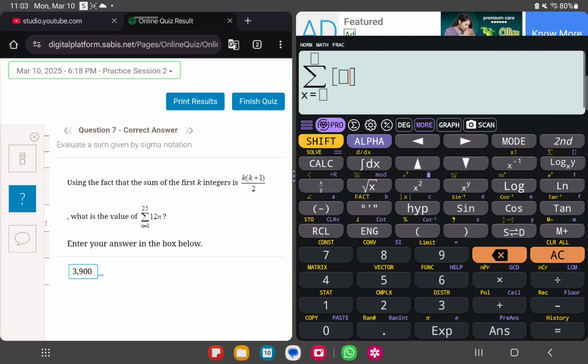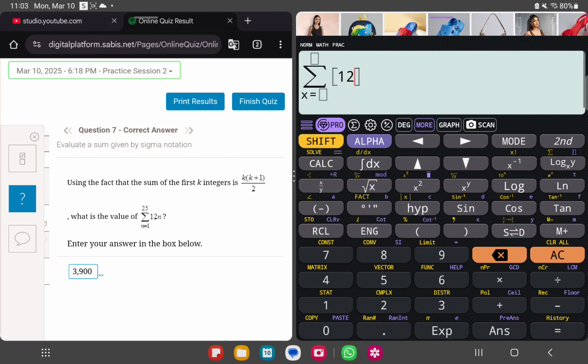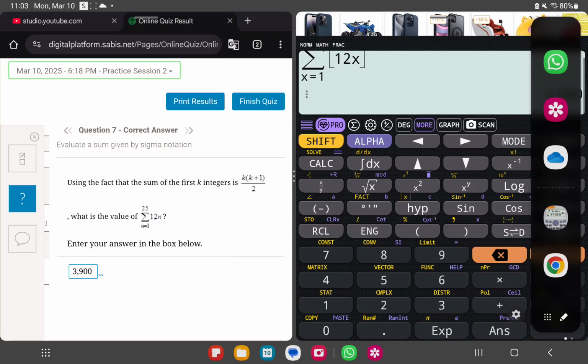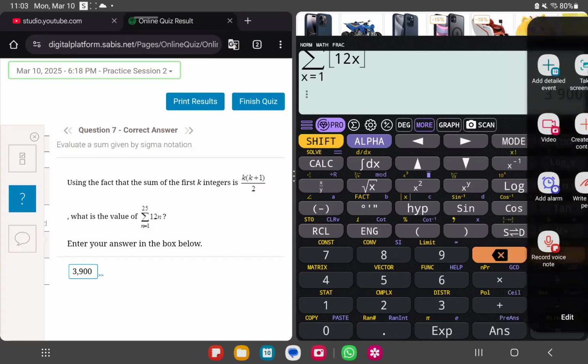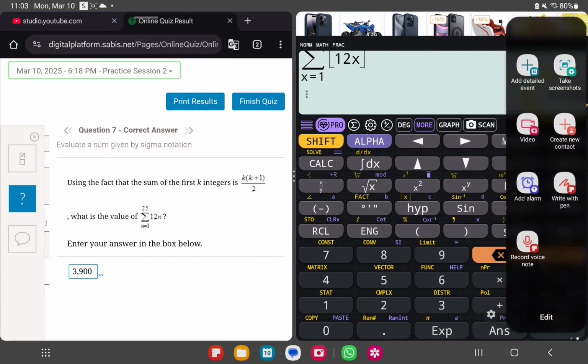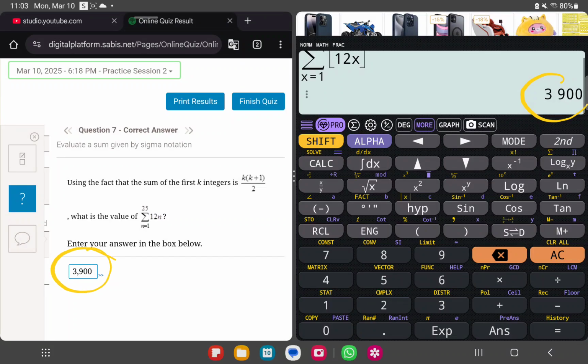Like I said, n whatever is always x. So 12, alpha bracket, and then x is equal to 1, and then the top is 25, and you get 3900, and the answer is 3900.